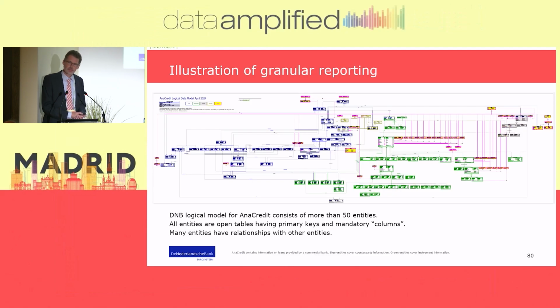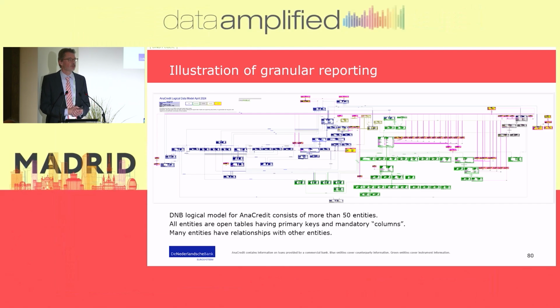Moving forward. The issue that I explained is an issue on a single open table. What I see happening in the coming years is that we are going towards more granular reporting. The way I would describe granular reporting is a set of open tables. Sometimes a few, sometimes many. This illustration is the logical data model that we use within DNB.